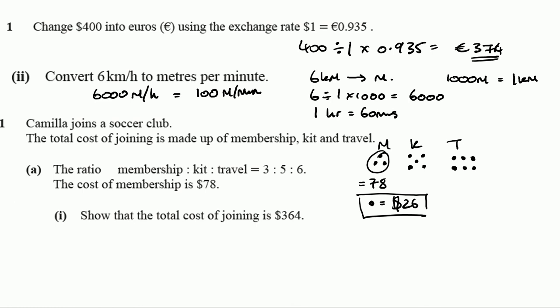So the total cost of joining now is made up of the sum of these dots, and each dot is worth $26. So there are 14 of these dots altogether. So I've got to do 14 dots times $26 per dot. And if we work that out, we will find that it does indeed come to $364. And I'll do more solutions in the next video.